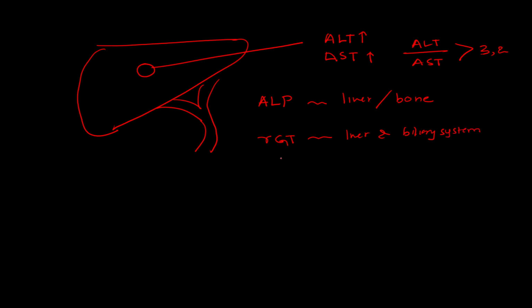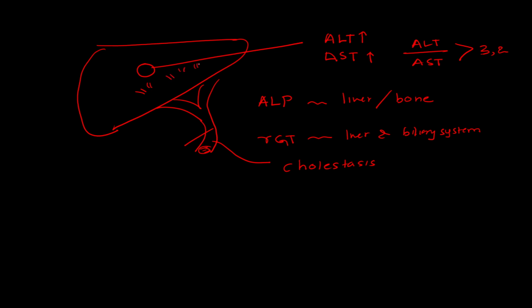This is an enzyme that is found over the cell membrane, and it is elevated in the blood once there is some sort of obstruction to the biliary tract. Once the biliary tract is obstructed, there will be stasis or stagnation of bile. This is known as cholestasis. Once there's cholestasis, it is not only in the extrahepatic bile ducts, but also in the canaliculi found within the liver.